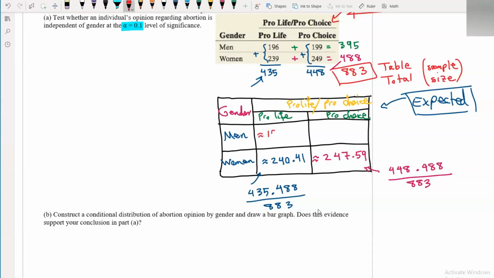Rounding, here is 194.59. Men pro-choice, men is 395 multiplied by pro-choice is 448 divided by 883. So this one is men pro-life. Men is 395 multiplied by pro-life sum is 435 divided by total.